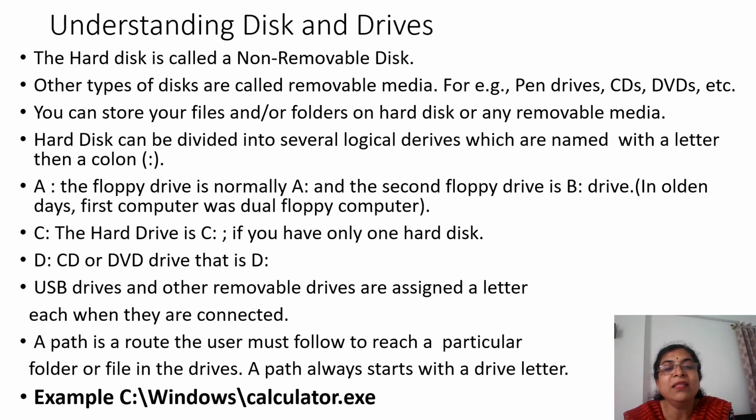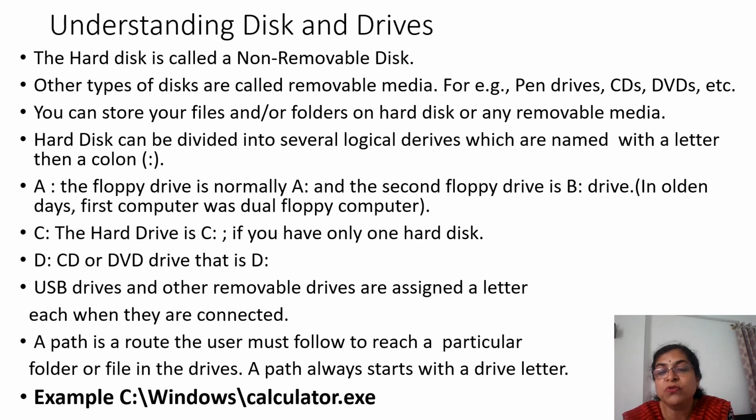A path is a route the user must follow to reach a particular folder or a file in the drives. A path always starts with the drive letter. Here the example given is C colon slash Windows slash calculator dot exe.